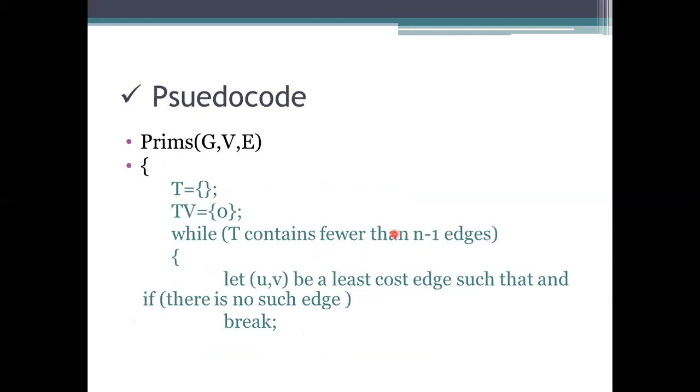Coming to the pseudocode, we take the initial graph, which consists of vertices V, and the edges stored in capital E. Initially, we consider the tree as empty, and assign the tree's values as 0. While the tree consists of fewer than n minus 1 edges, we need to take the least cost edge and perform the action.